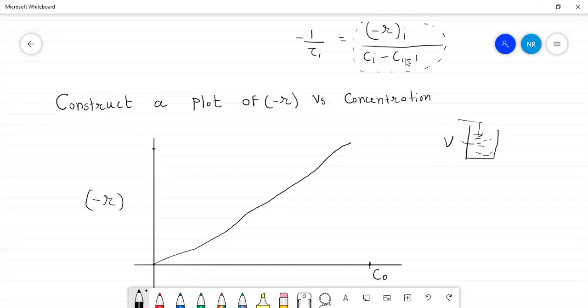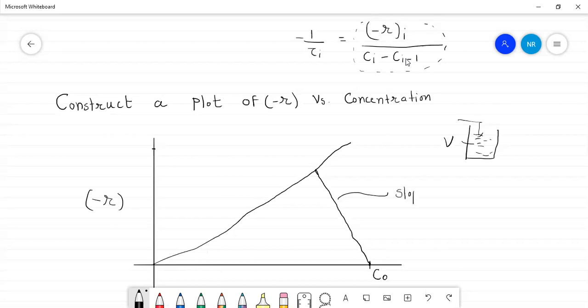So we can find the space time for this reactor, and after that we do 1 divided by tau, and convert that value into the slope. After the slope, we can find the angle.